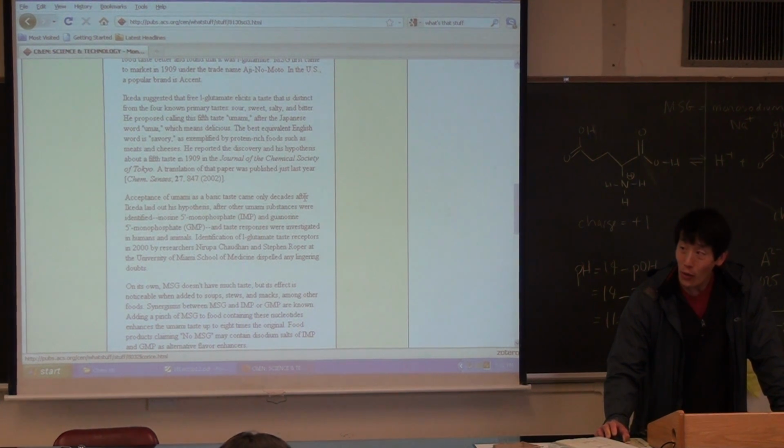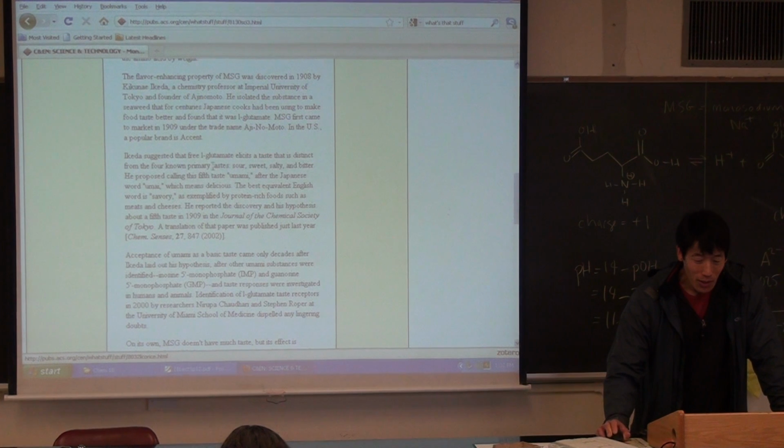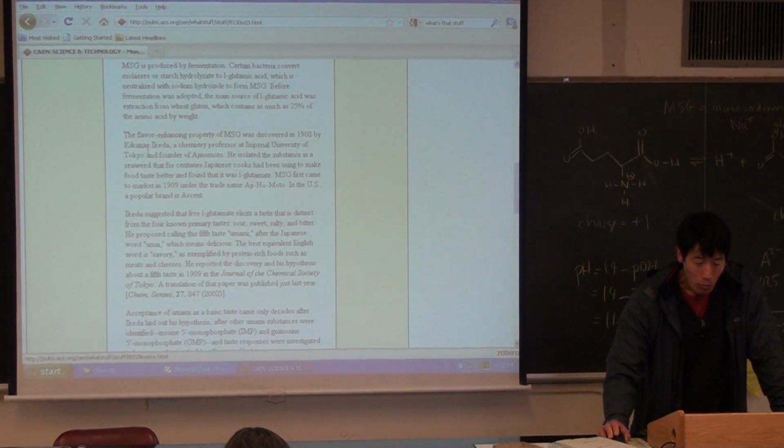And remember earlier this semester we were talking about flavors and tastes, and this is way back when Professor Ikeda, a chemistry professor at the Imperial University of Tokyo and founder of Ajinomoto, isolated a substance in seaweed. He came up with this new flavor.